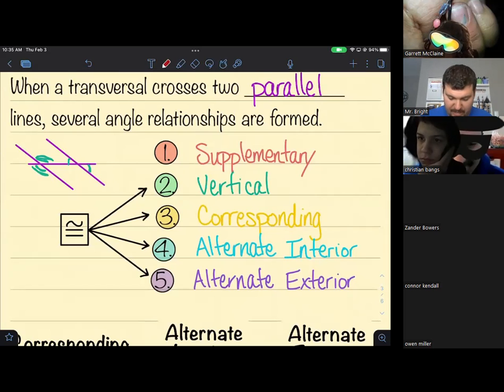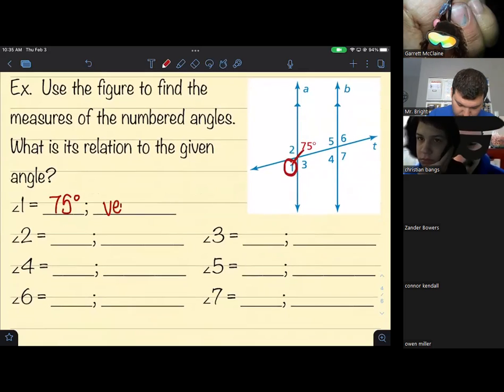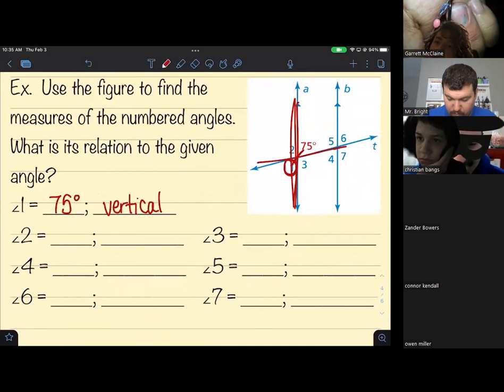Vertical. Vertical, you got it. Nice job. Yep, those 2 angles are vertical. They sit on the same line, and we know vertical because we did a whole assignment on vertical angles yesterday, or at least we should know vertical if we did the assignment.